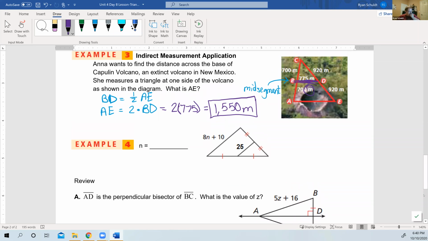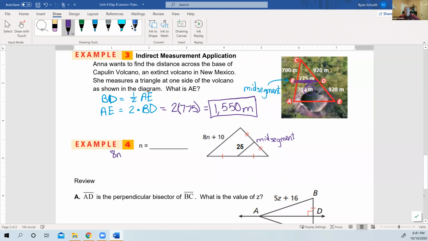Okay, next example. They ask us to find n. Well, what's this 25? What kind of segment is this? It's a mid-segment. So how can I get from the mid-segment to the main line? Times it by 2.